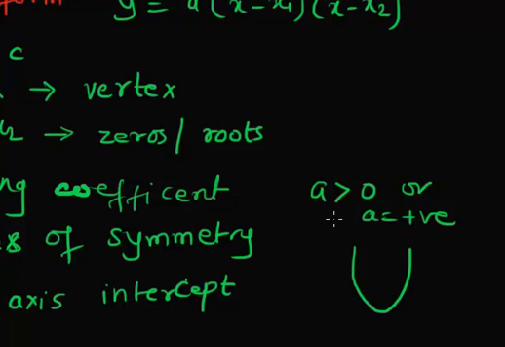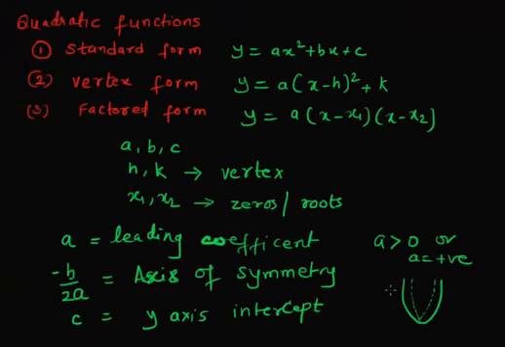As the value of a increases, the values approach each other and the graph gets contracted. If the value of a is less and still positive, then we get the expanded graph for the given quadratic function, which exists like this.